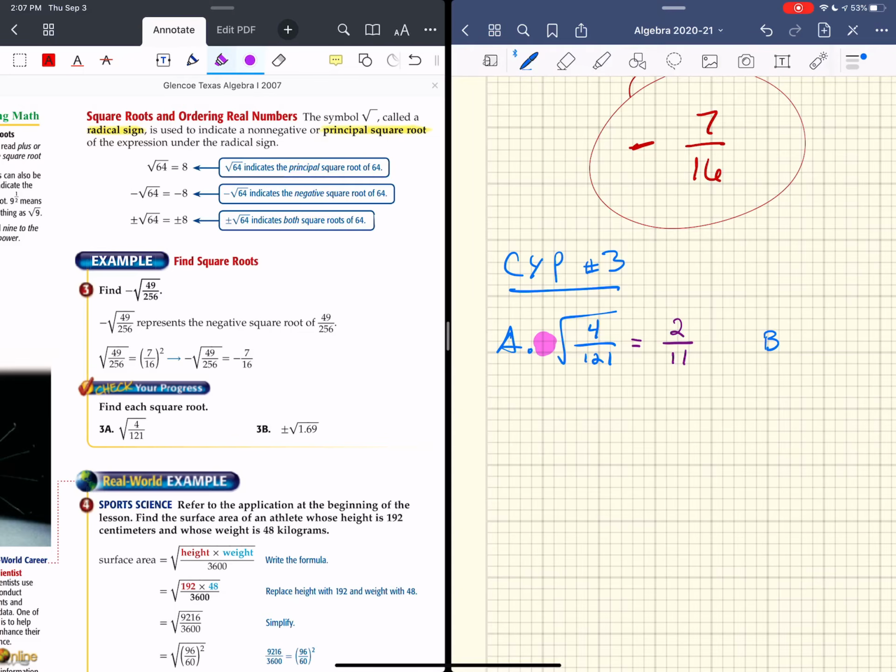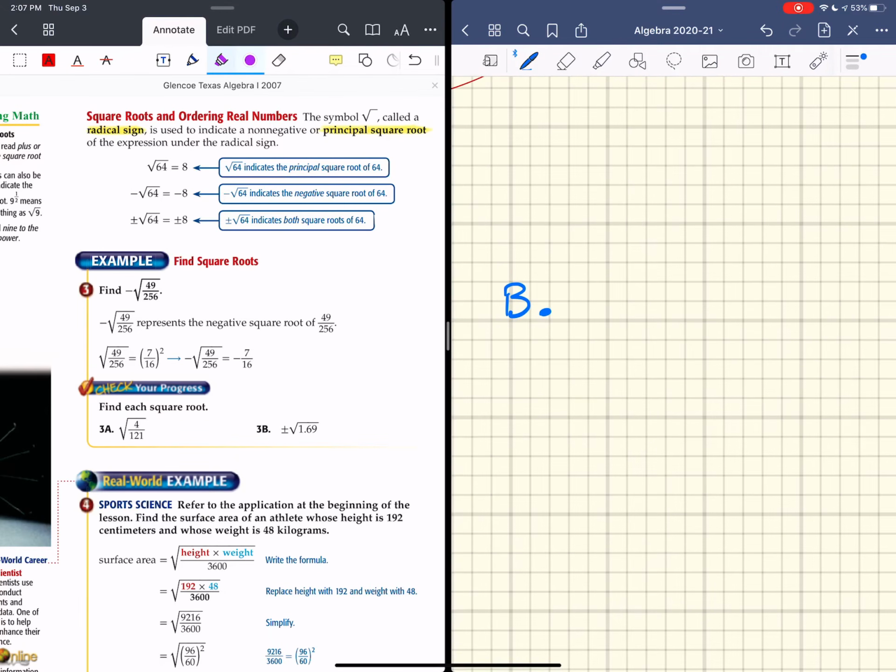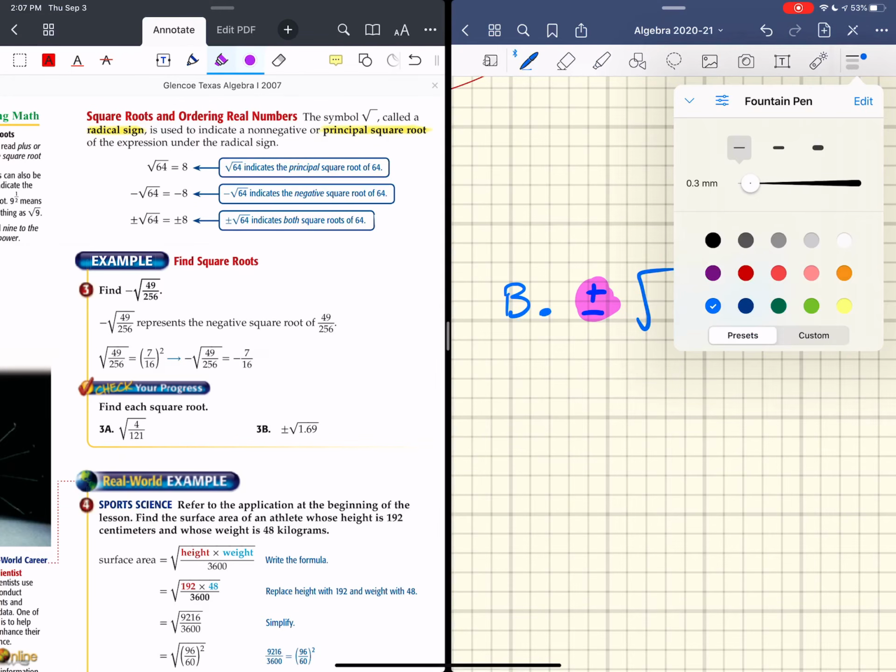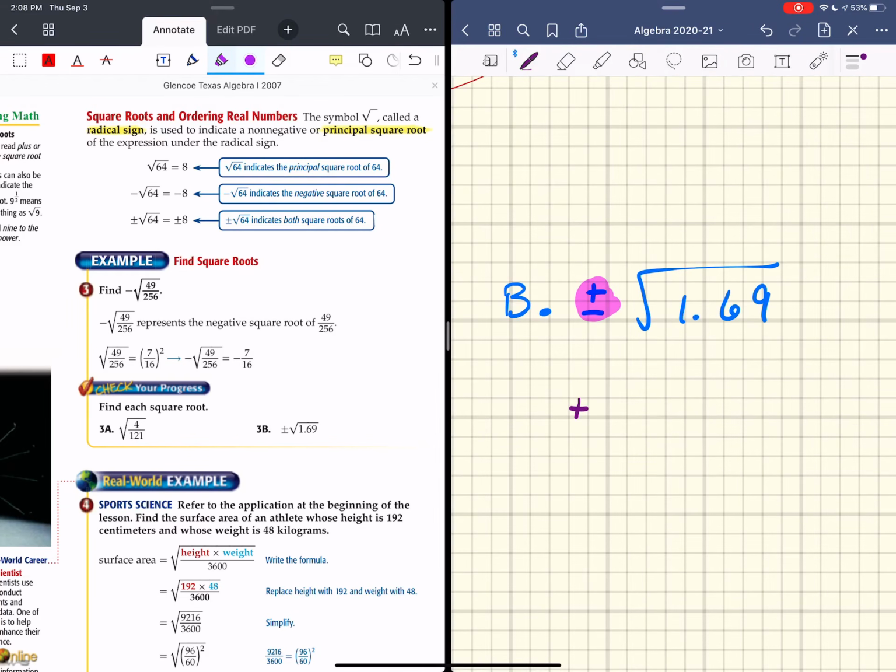Or on part B, they specify, okay, we want the positive or negative square root of this number 1.69. And so right away, I know that as I write down my answer, I'm going to put a plus or minus sign. Now this one unfortunately is not a fraction, but if you're familiar with your square roots, you know that 13 squared is 169.